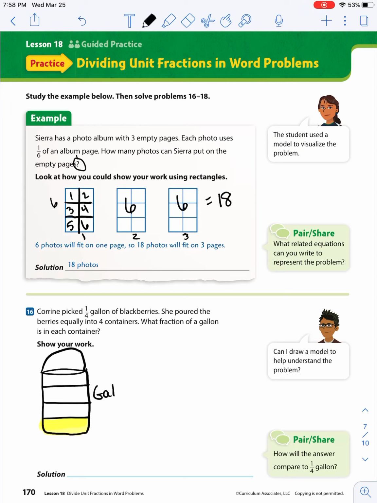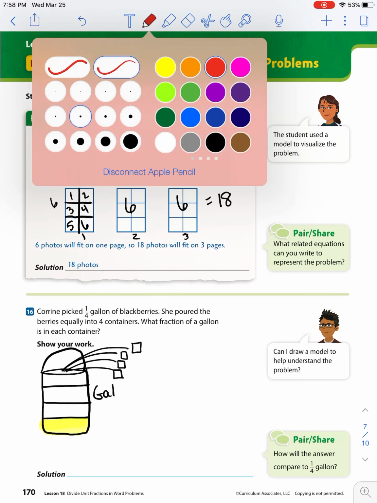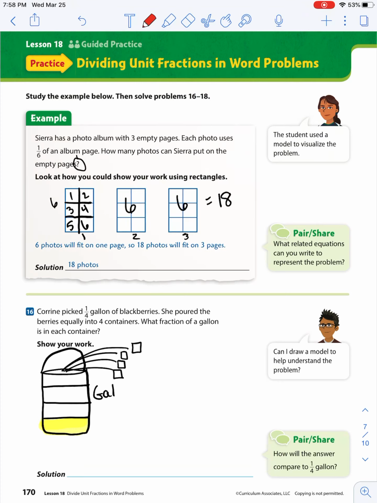She poured the berries equally into 4 containers. So she's going to pour them out of the bucket into 4 containers. Or in other words, that 1/4 is going to be cut up into 4 containers, again imagining that the entire gallon is cut up.